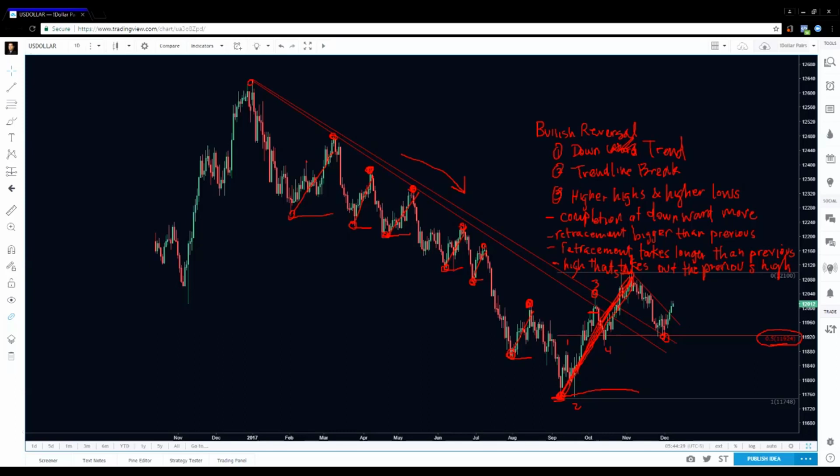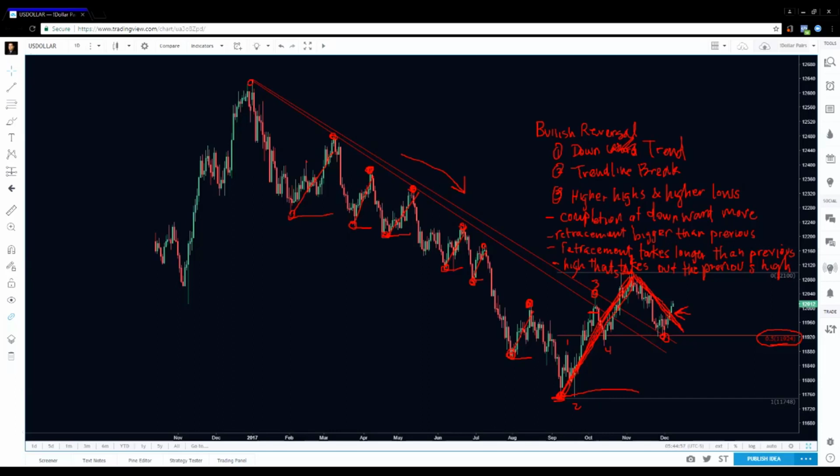In my opinion, this break, so then what I do is I add another trend line. You see this minor trend line here, and we had a break right here. So you can see here that the market retraced. Now this is the new retracement. And then once we have a break of the retracement trend line, that is the actual signal or the trigger for me to take the long side.